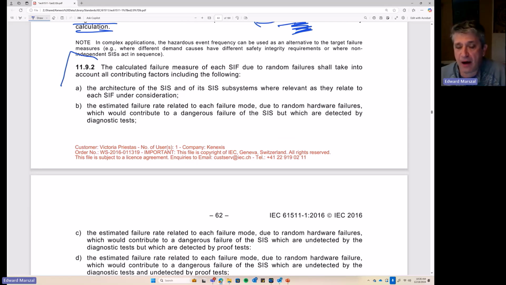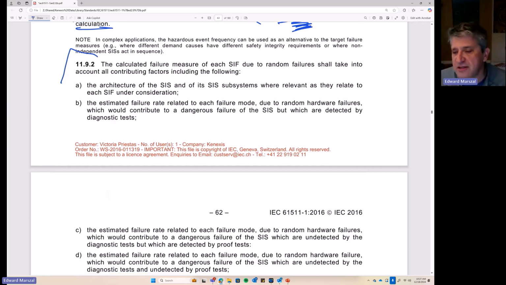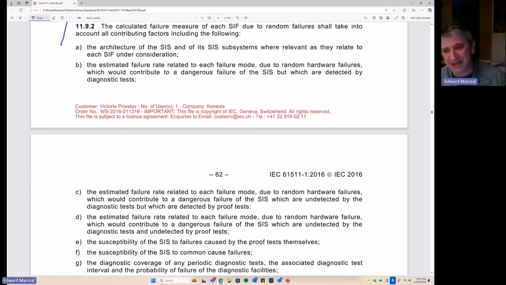It doesn't talk about unavailability, unreliability, whether you're in the constant failure rate regime. There's a lot of stuff that goes into these calculations that's outside the scope of the standard that's best practice. What we're going to talk about now is what's included in the standard, which doesn't give you a mechanism to perform the calculation. It just tells you what you need to consider.